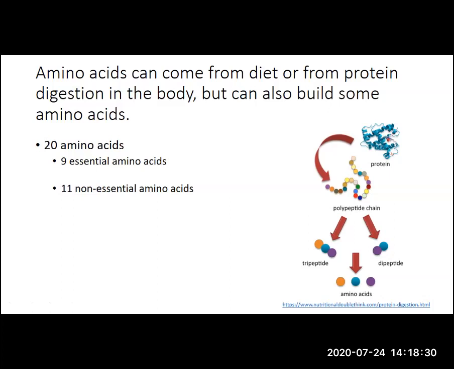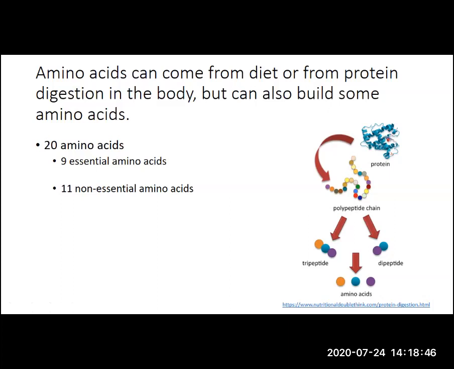And so if we take a look at this, of those 20 amino acids, 9 of them are going to be essential amino acids. Essential amino acids basically means that they have to come from our diet. We can't build those ourselves.